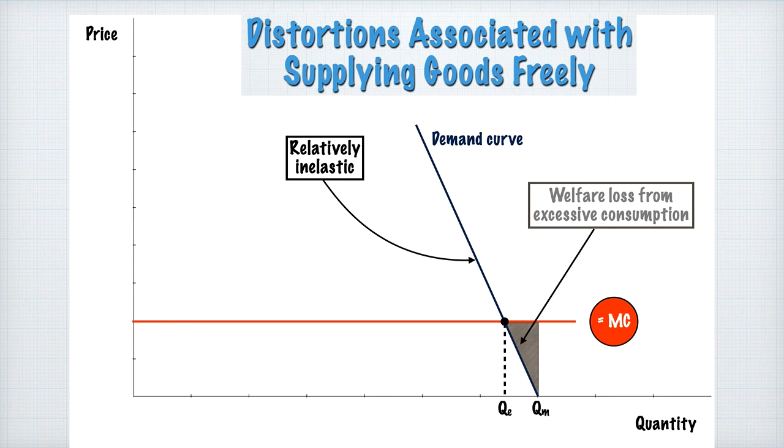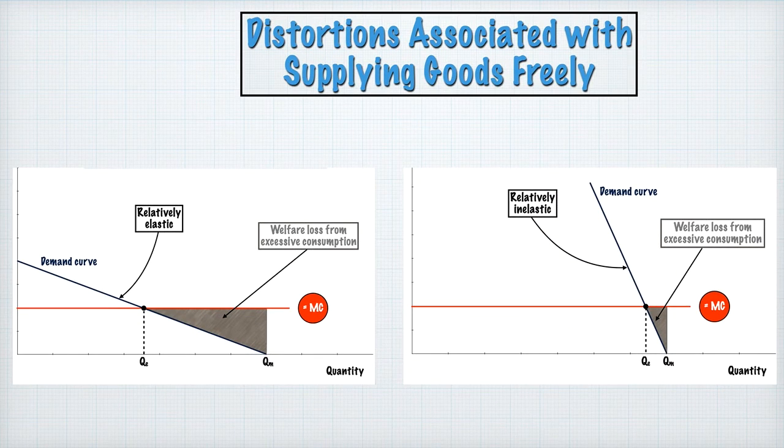For every unit consumed past QE, marginal cost is greater than marginal benefit, and all of those represent a welfare loss. So to summarize, if we take a look at both of these slides next to one another, hopefully you can see the difference in the welfare loss from excessive consumption and how it relates to the demand curve. When the demand curve is relatively elastic, we have a larger welfare loss from excessive consumption compared to when the demand curve is relatively inelastic.